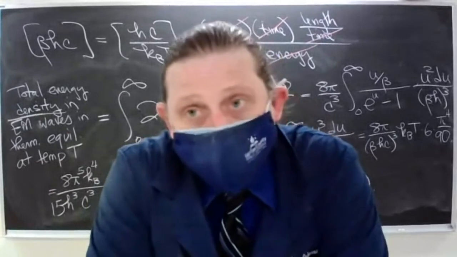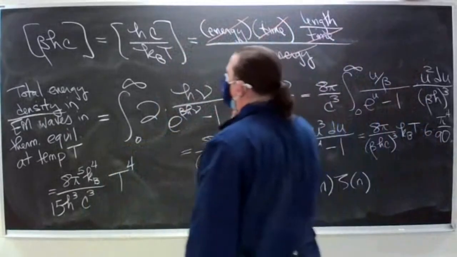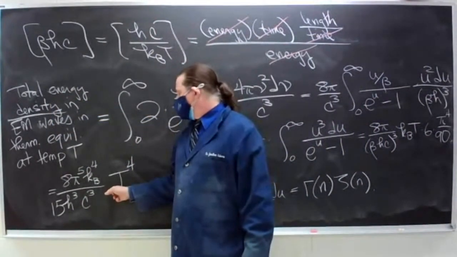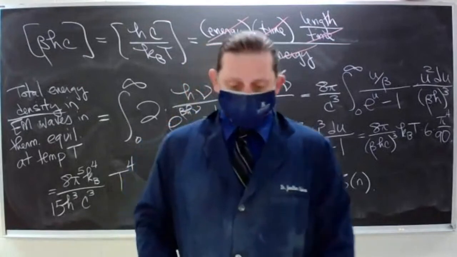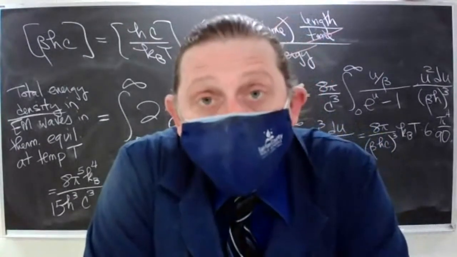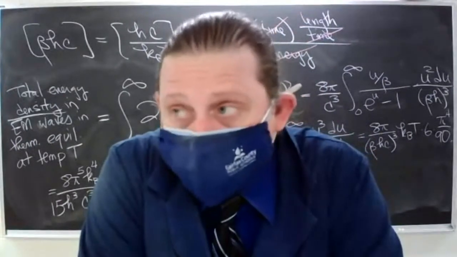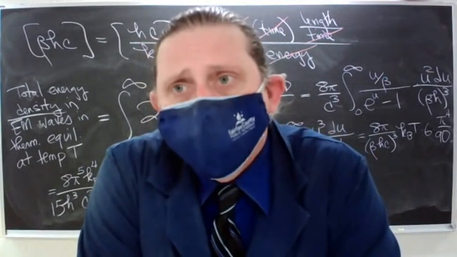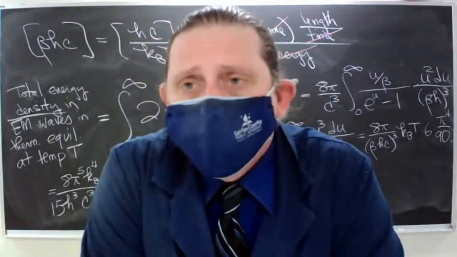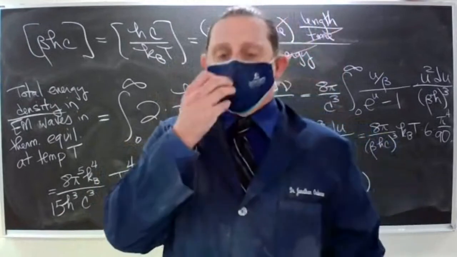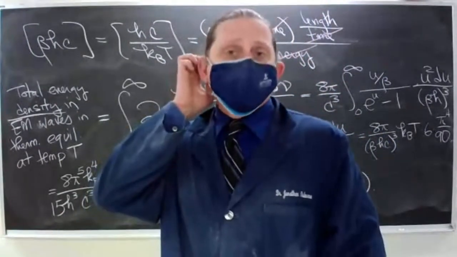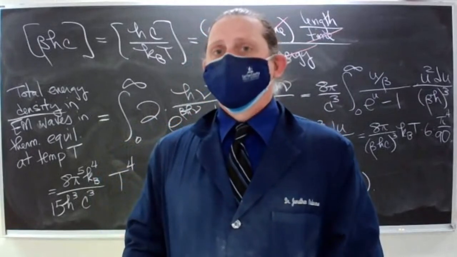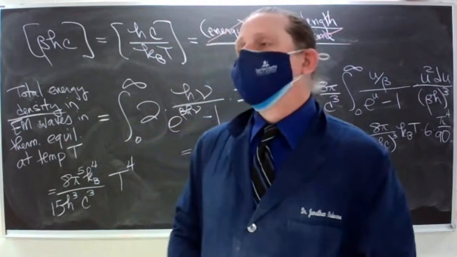All right, so our result indicates that the energy density in electromagnetic waves increases with T to the 4th power. Remember, the energy density in matter at constant density increases only with the first power of temperature.